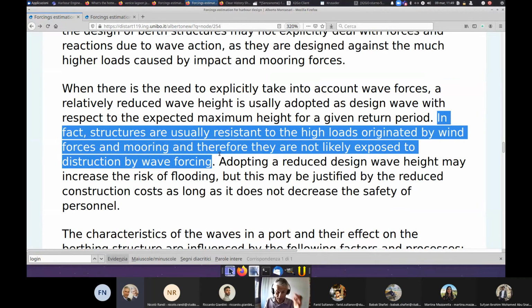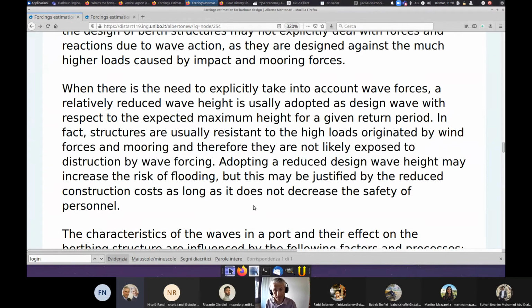And in this way, given that we are designing berth structure with respect to two contemporary forcing, and given that also harbors and ports usually experience a reduced wave height with respect to the open sea, we can usually adopt a reduced wave height.